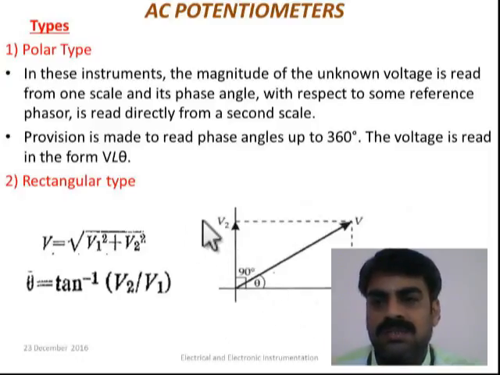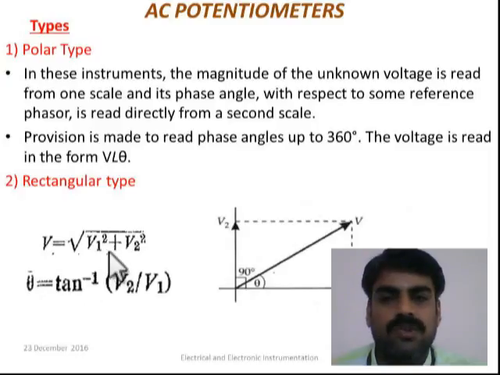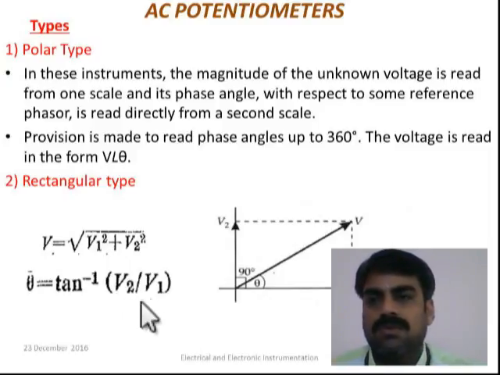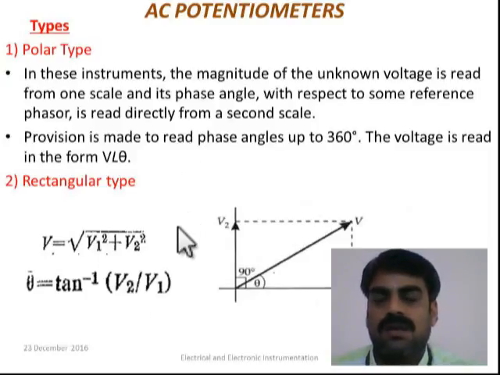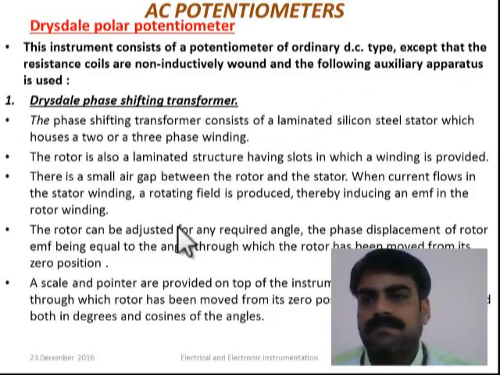Using these two voltages we have to calculate the magnitude of the unknown EMF V and its phase angle. V is the square root of V1 squared plus V2 squared, and the angle theta is tan inverse of V2 by V1. So from the polar type we directly get the magnitude and phase angle from the dial positions, whereas in the rectangular type we only get potential values, from which we have to calculate the magnitude and phase angle of the unknown EMF.